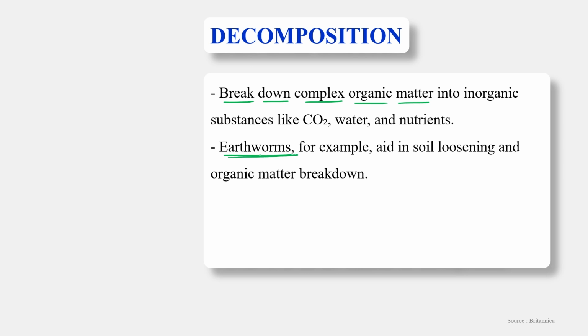Earthworm is a very good example of a decomposer, which helps in soil loosening and organic matter breakdown. Vermicompost contains so many earthworms because it enhances fertility also. How? They convert organic components into inorganic ones.